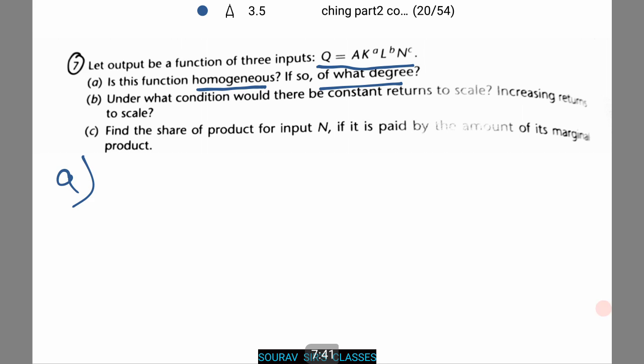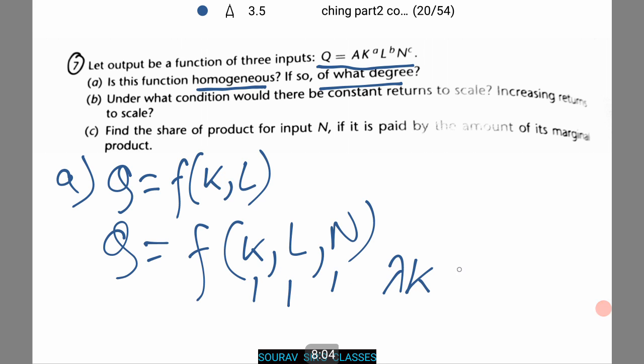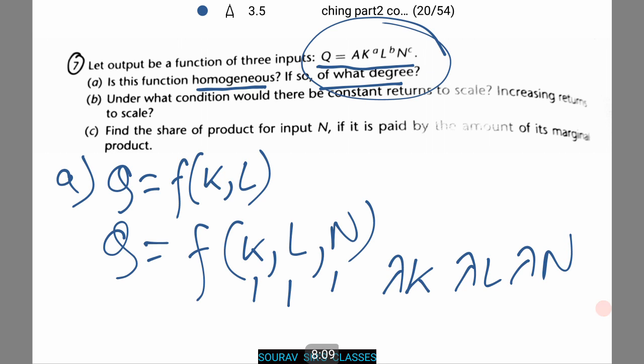Let's repeat our process. Let's assume Q equals f(K,L). Since in this case there are three variables, we'll assume Q equals f(K,L,N). And now we will replace these values with lambda K, lambda L and lambda N to figure out the homogeneity. Let's see what it comes to.